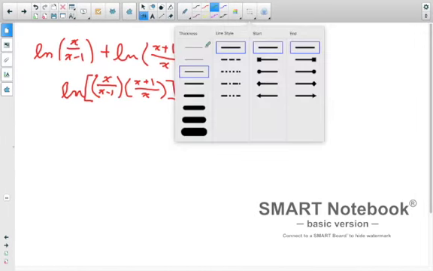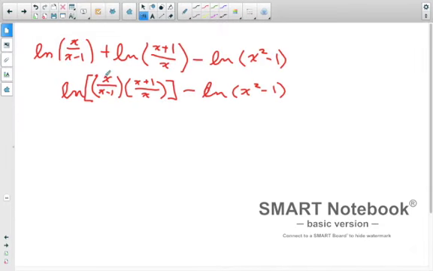Because if you notice, that x and that x will cancel each other out. And that leaves us with the natural log of x plus 1 divided by x minus 1 minus the natural log of x squared minus 1.